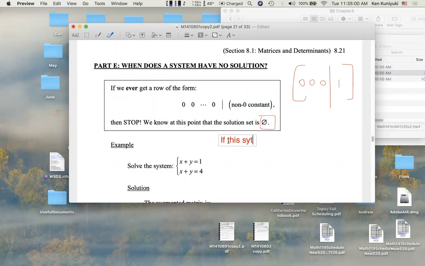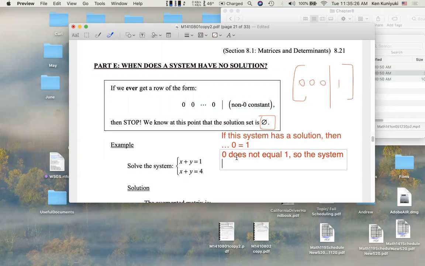If this system has a solution, then, among other things, 0 equals 1. This is like the idea of the contrapositive or indirect reasoning. 0 does not equal 1, so the system does not have a solution.